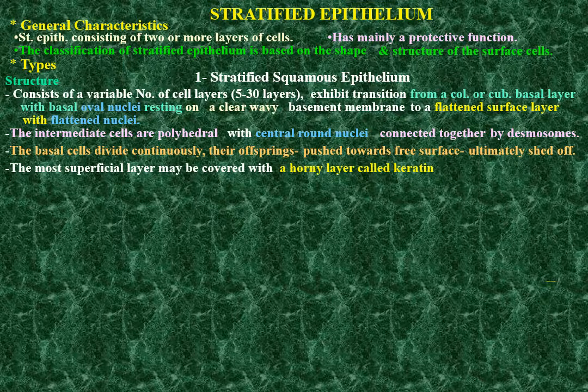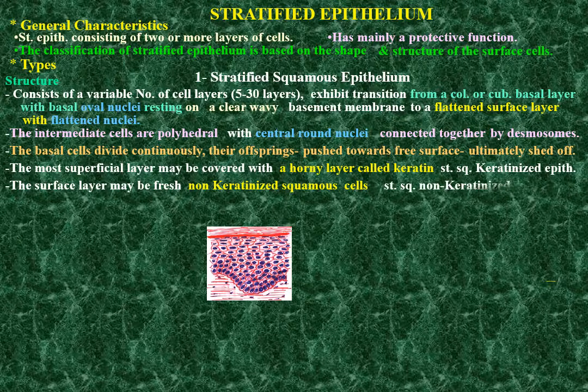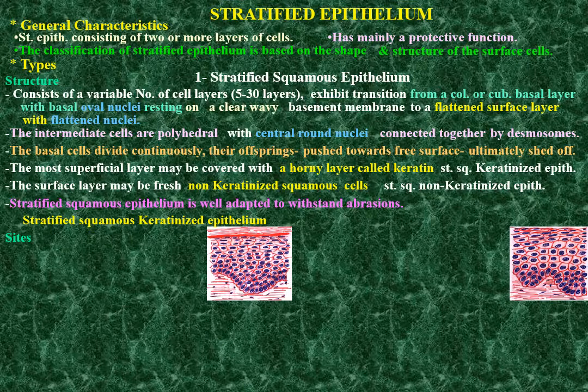The most superficial layer may be covered with a horny layer called keratin, and the epithelium is called stratified squamous keratinized epithelium, or the surface layer may be fresh non-keratinized squamous cells, and the epithelium is called stratified squamous non-keratinized epithelium. Stratified squamous epithelium is well adapted to withstand abrasions.